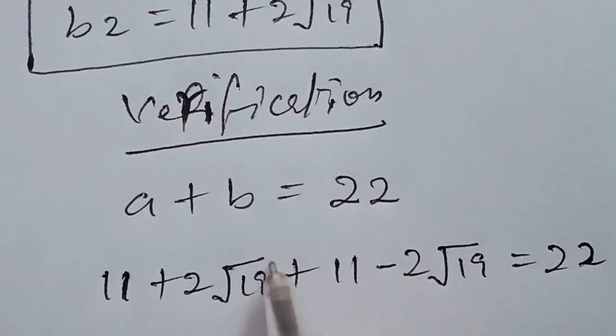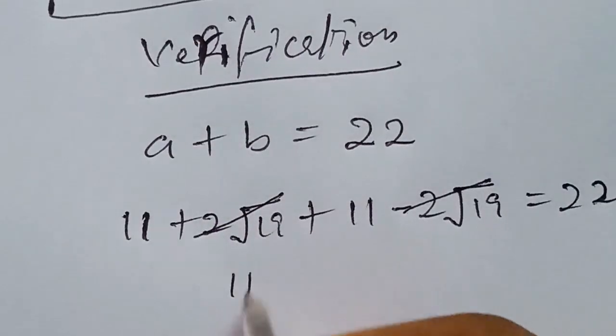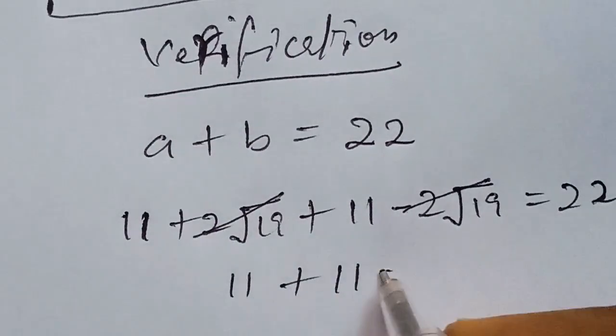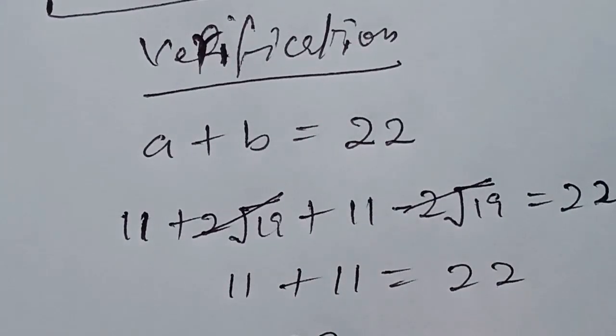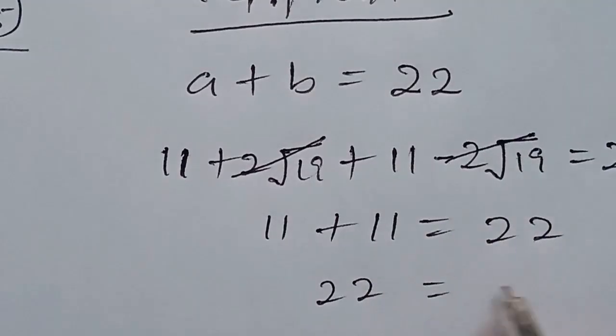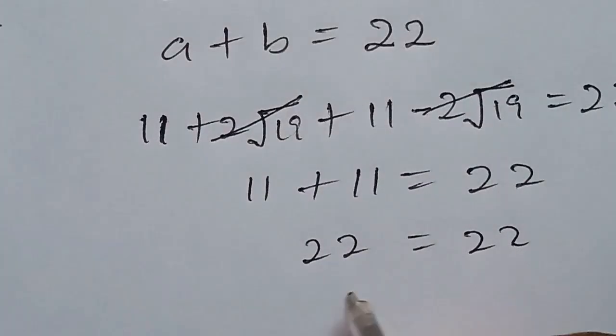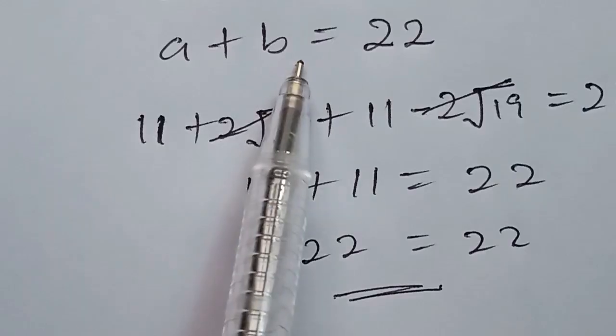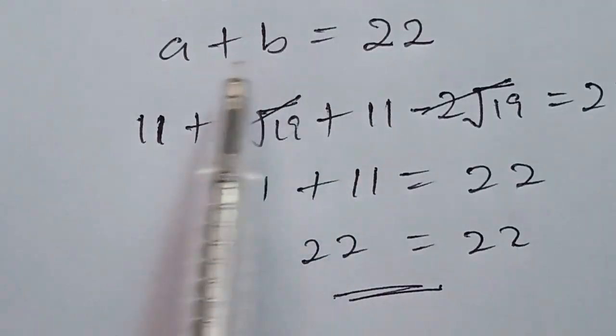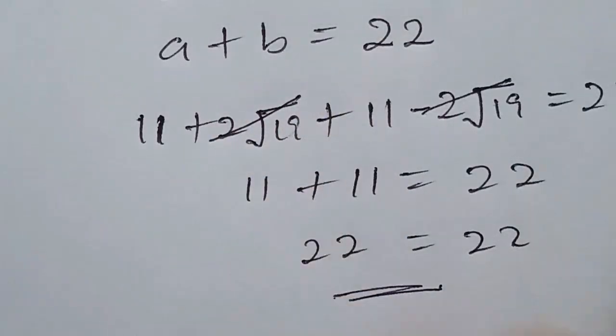So here this can cancel out with this. So we are left with 11 plus 11, which is equal to 22. So the correctness of equation 1 has been verified.